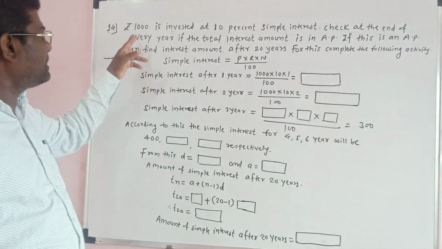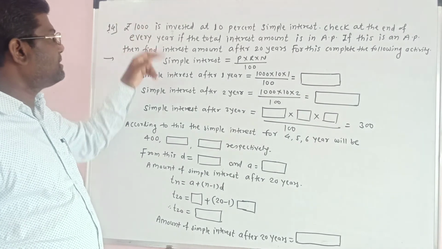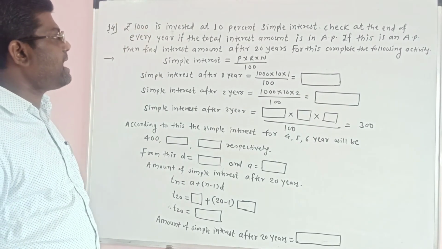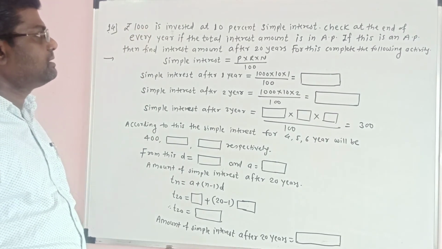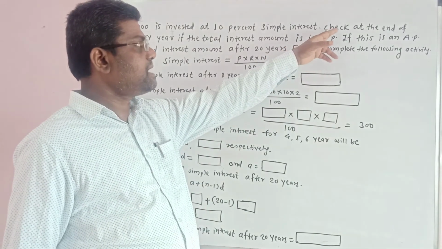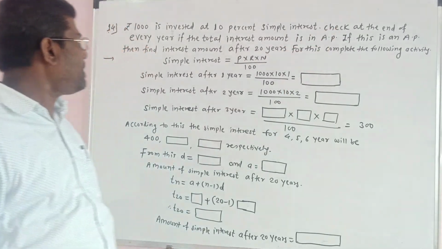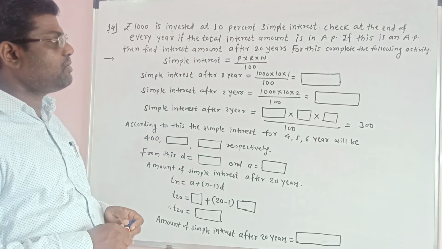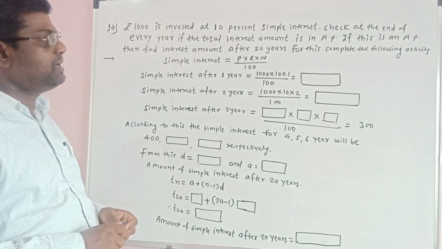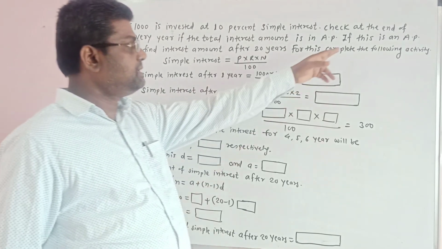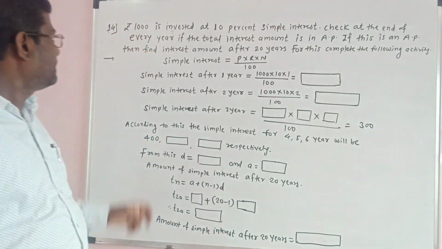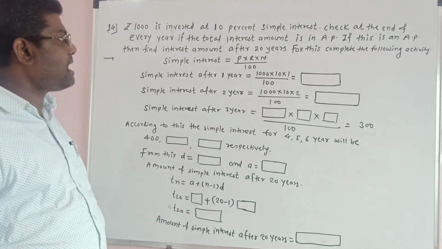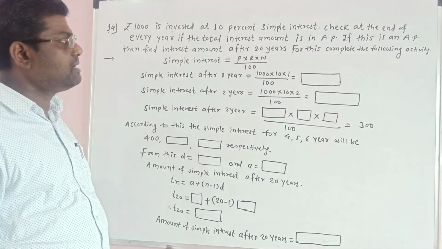Example number 14. Rupees 1000 is invested at 10% simple interest. Check whether the total interest amount at the end of every year is an AP. If this is an AP, then find the interest amount after 20 years.